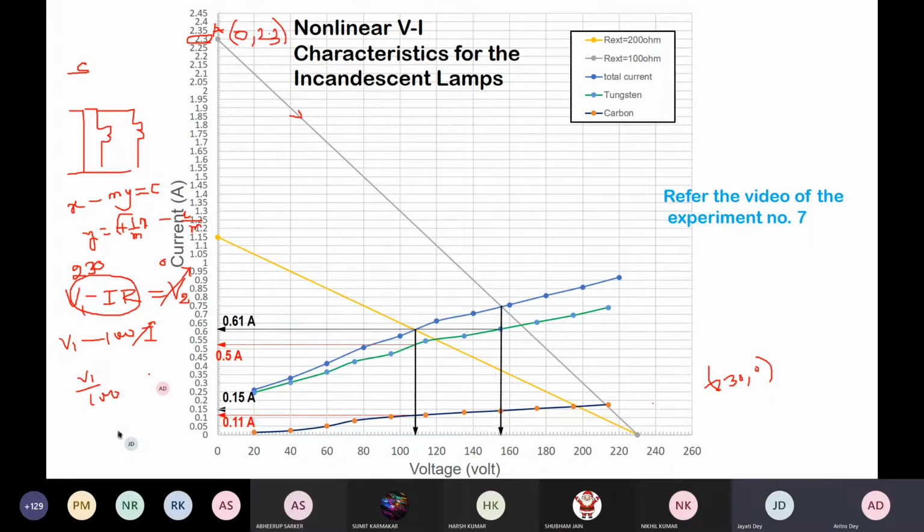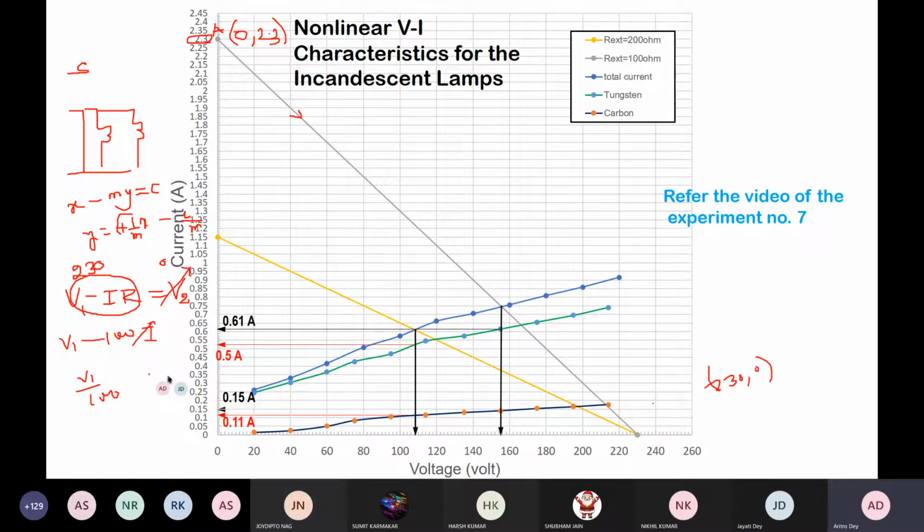Yes, ma'am, you are audible. So if you see this, have you understood this one, V1 minus V2 is equal to IR?